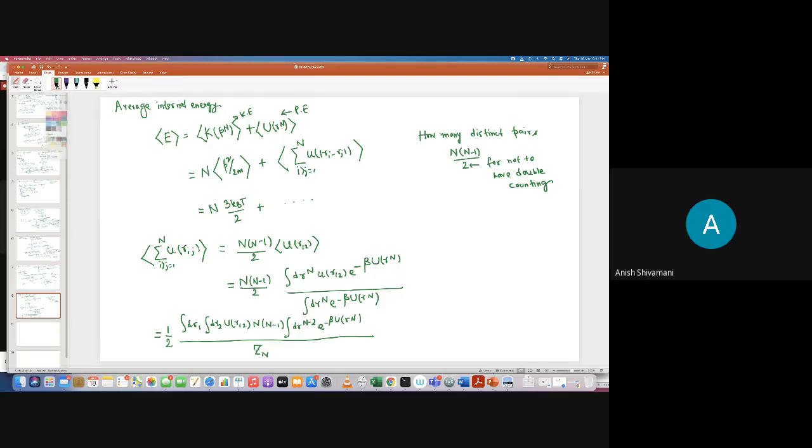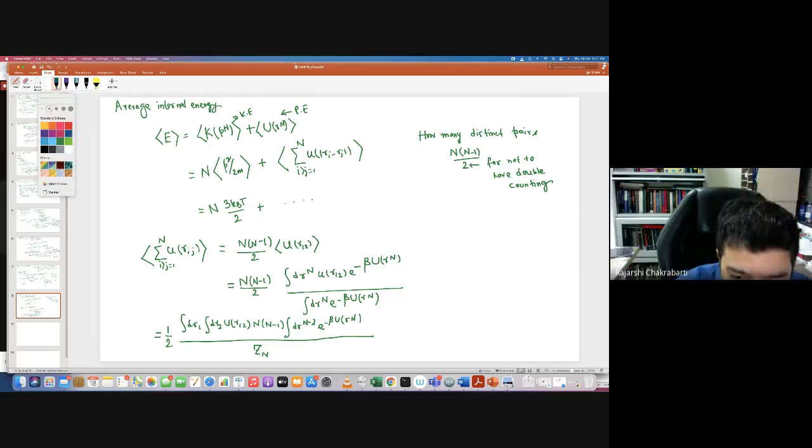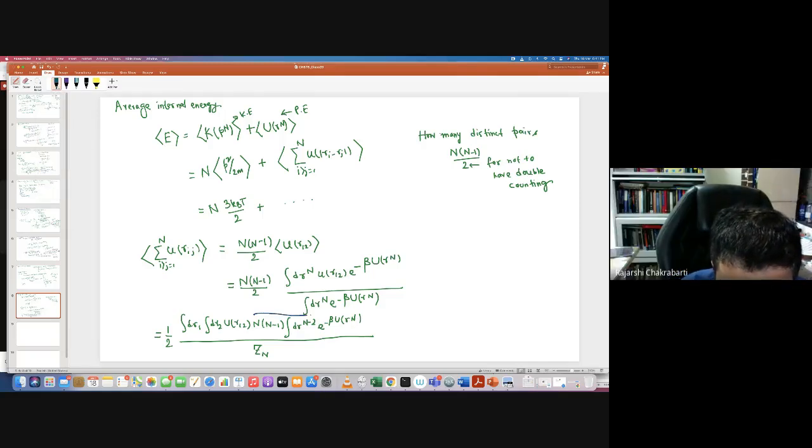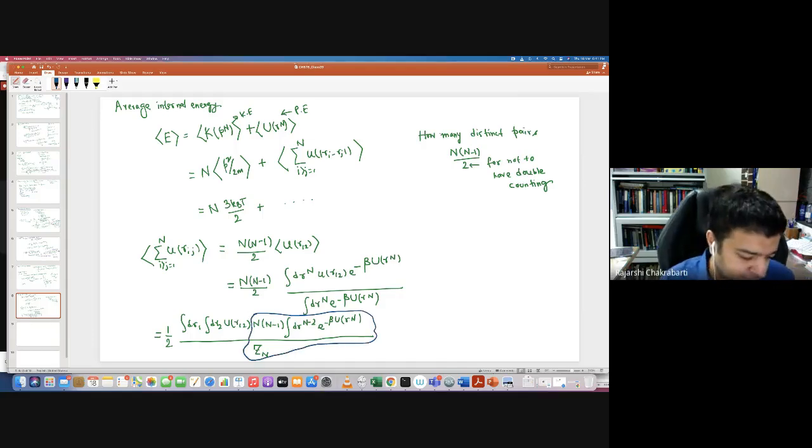We want g of r. Because again, look carefully at what this quantity is. And if you check your class notes, what is this quantity? This is your rho 2 slash N, r1 comma r2. So the quantity is like that.